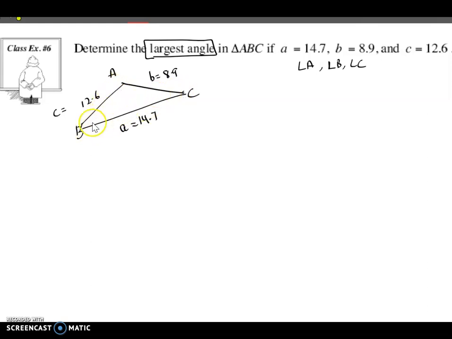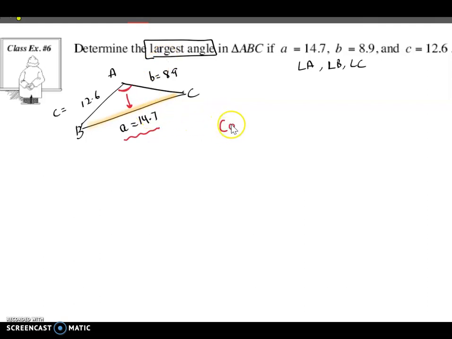Whichever is the largest side in here, it has to be made by the largest angle. Remember what we talked about? The bigger the angle, the bigger the opposite side will be, because that's how it's opening that much wider. So I already know that if this is my biggest side, I should be looking to solve for this angle right here. It will be the biggest angle. So then I'm doing 1/3 of the work.